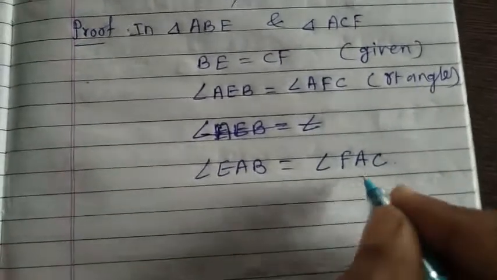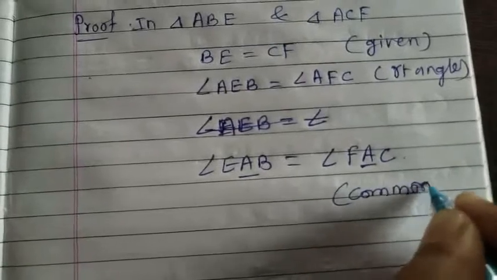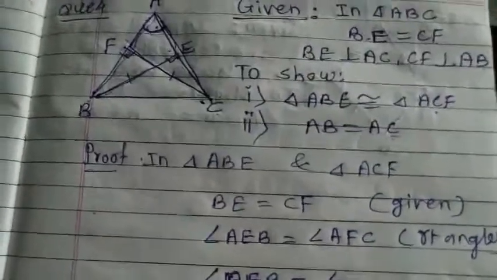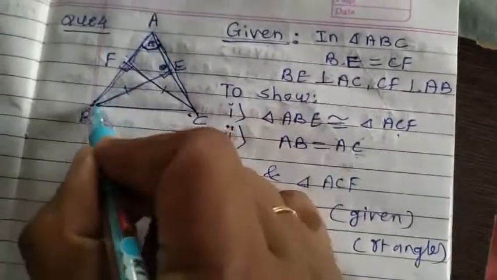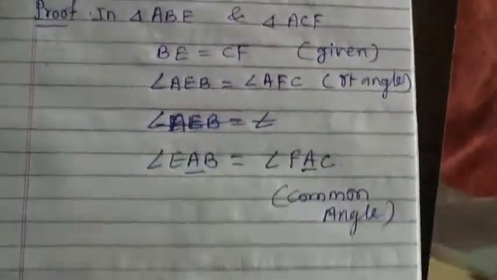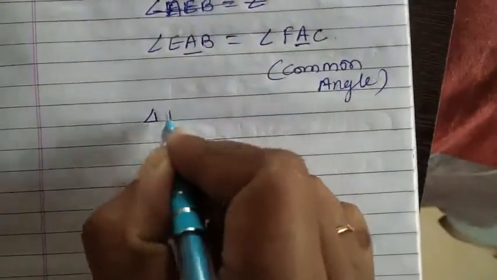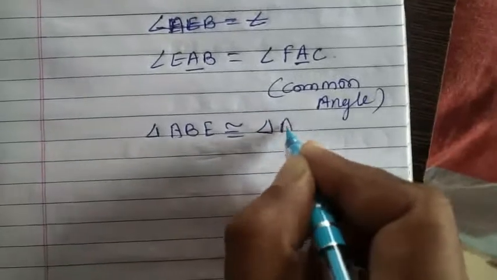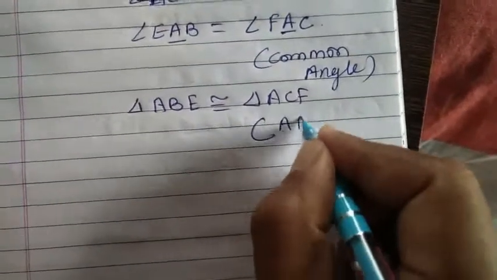Both the angles are equal, which is the common angle. Now three parts are equal here: this common angle, this angle, and this side, meaning angle, angle, side. Triangle ABE is congruent to triangle ACF, and the criteria is angle, side.